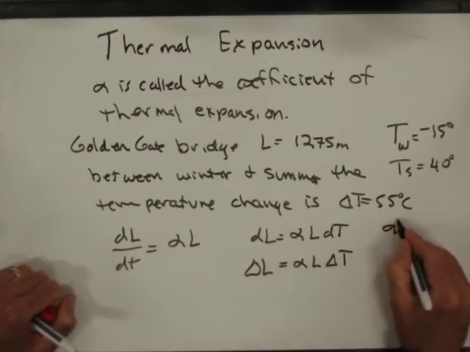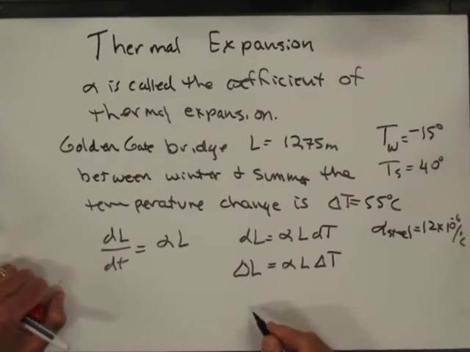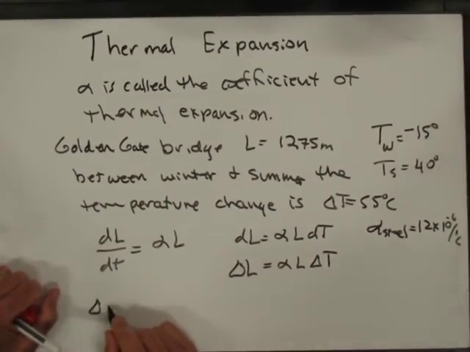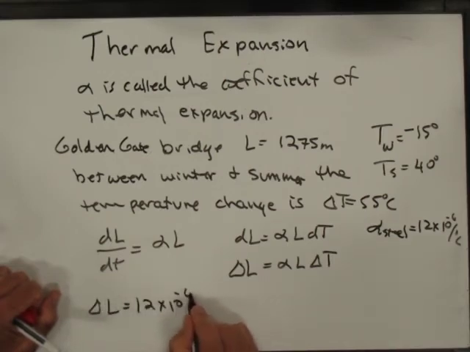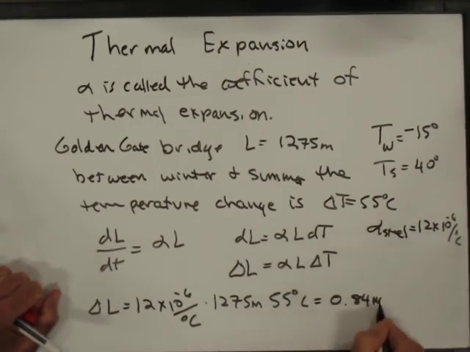So alpha for steel is 12 times 10 to the minus 6th per degree Celsius. Can you see that on there? And so that means the length change is equal to 12 times 10 to the minus 6th per degree C times 1,275 meters times 55 degrees C. And so that comes out to 0.84 meters.